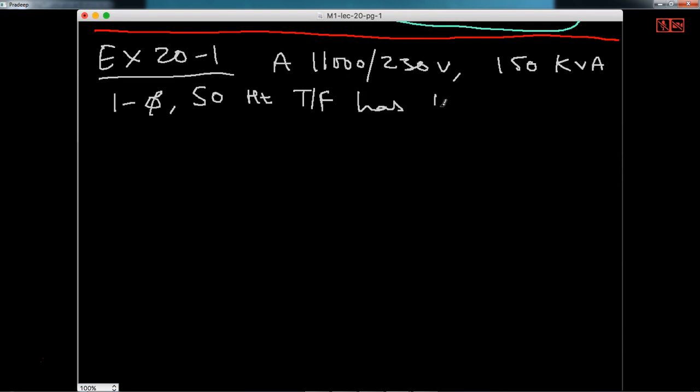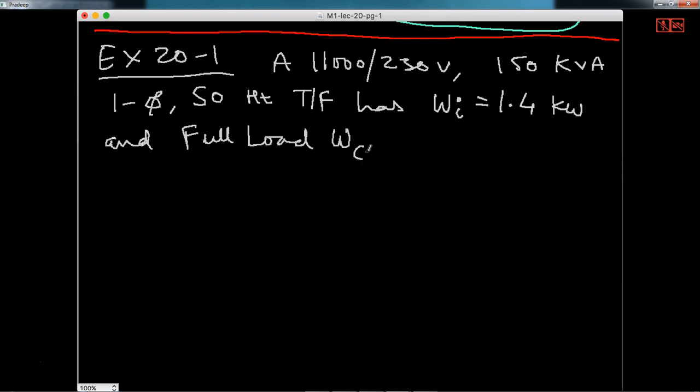A transformer has core loss Wi equal to 1.4 kilowatts and full load copper loss is 1.6 kilowatt.